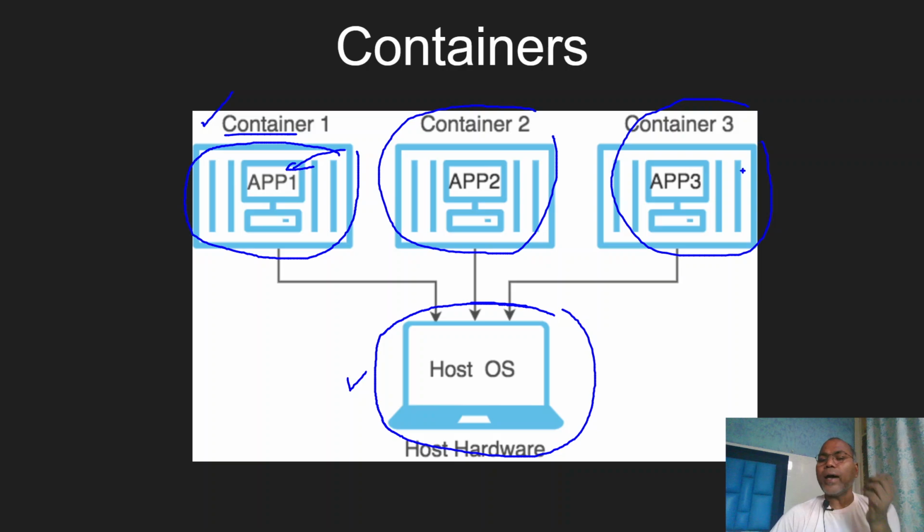So why do we say it is lightweight? Because whatever this OS is, the same operating system is used by this application, this application, this application. They do not require their own operating systems, so they require very less resources. And here we can create multiple containers and deploy my applications.